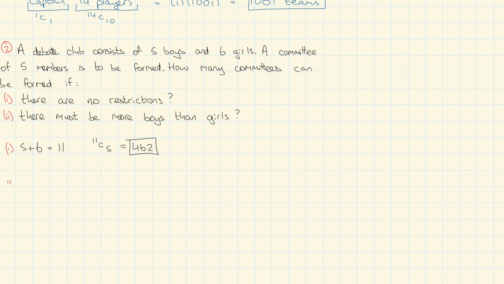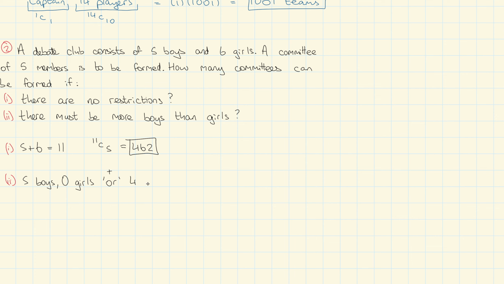And for part 2 now, there must be more boys than girls. So we're just going to write out these scenarios first. If it's 5 members, we could have 5 boys, 0 girls. And then we're going to add, because when we use the word or in probability, it means we add.